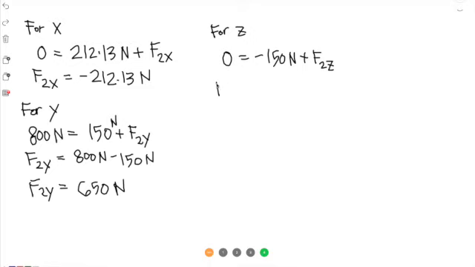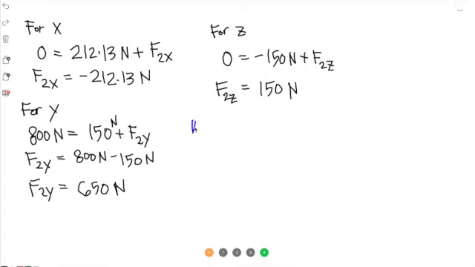Meaning F2z will be equal to, transposing it to the other side, it becomes positive 150 newtons. From here we can write the Cartesian vector form of our force 2.